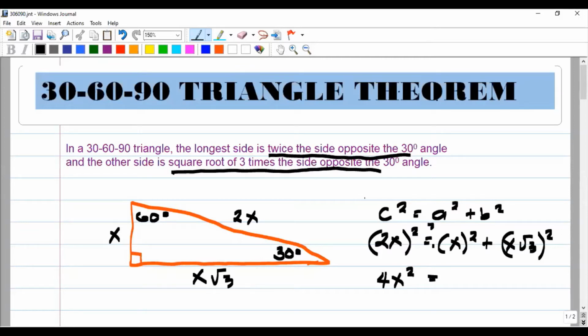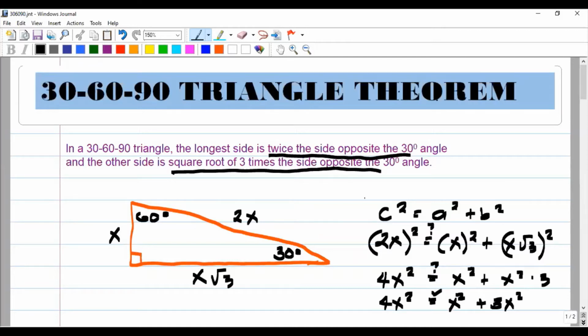The square of 2x is 4x squared, is equal to x squared plus x squared times the square of square root of 3, which is 3. Therefore, we have 4x squared is equal to x squared plus 3x squared.